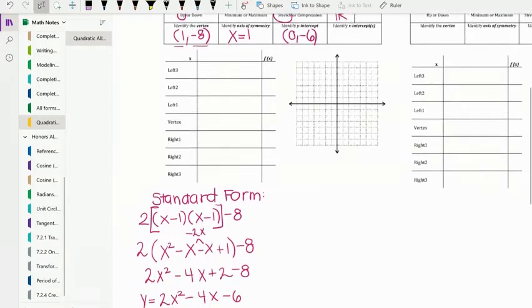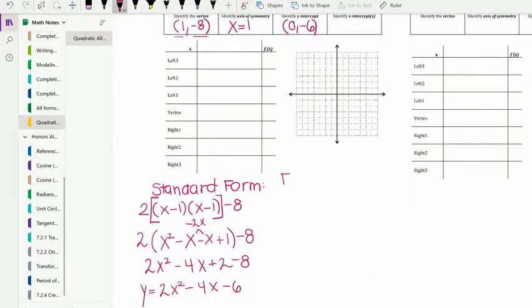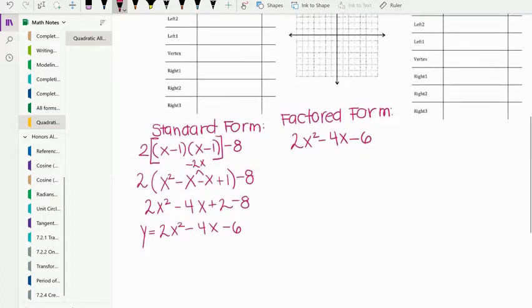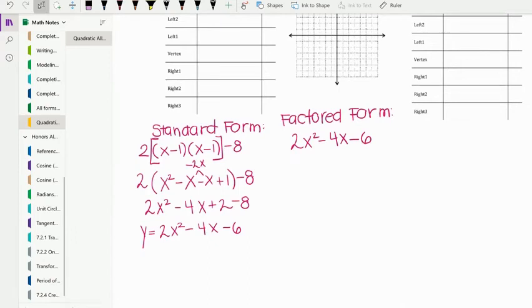Now we need to find factored form. Well, now that we have standard form, to find factored form, you just have to factor it. So we're going to look at our standard form equation, which is 2x squared minus 4x minus 6. So going back to factoring, hopefully we remember that. Whenever you factor, step one is to take out the greatest common factor.